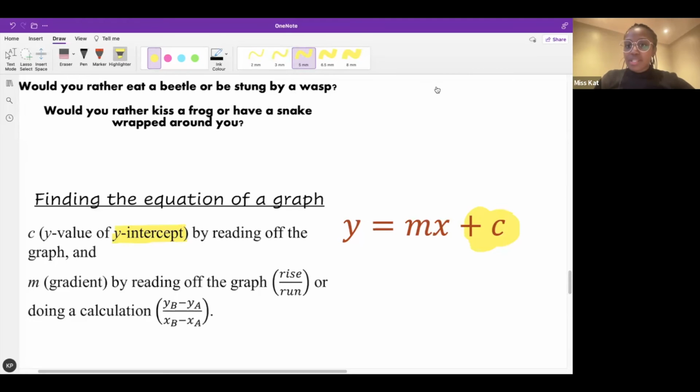No, from the previous lesson, we did intercepts. Who remembers what the y-intercept is? Okay, Tando, I was about to say, let's hear what Tando has to say. Yes, Tando?